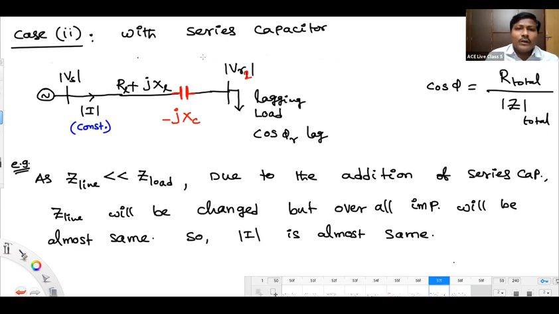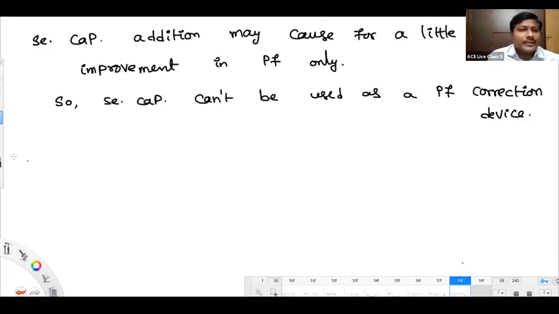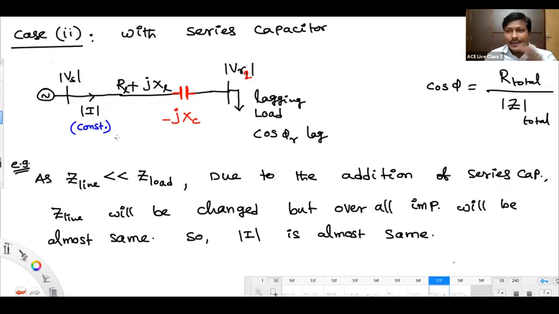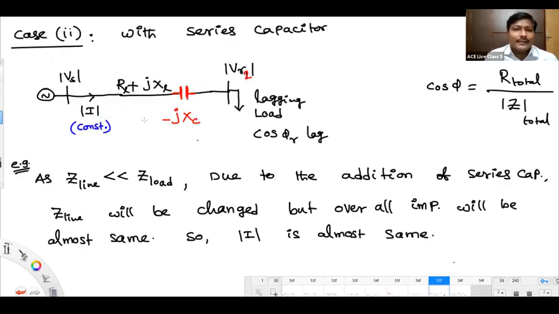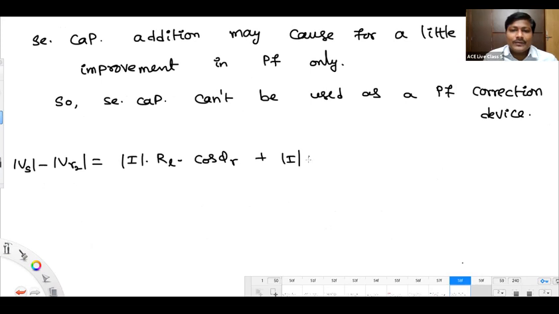Let's take up |Vs| minus |Vr2| with series capacitor placement. I said the current is almost the same as compared to the earlier case. Now we write |I| RL cos phi r as the first term, and since you have a lagging load, it is plus |I| into the reactance, XL minus XC, into sin phi r.